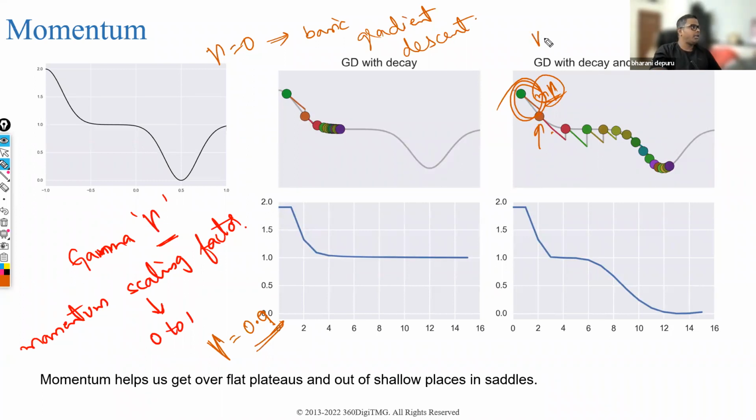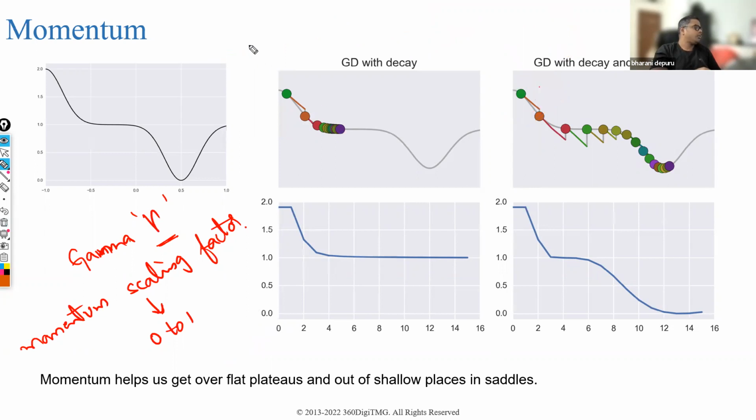When you set gamma equal to 1, the complete previous step change is applied to the current step. One more thing: this gamma value is called a hyperparameter.